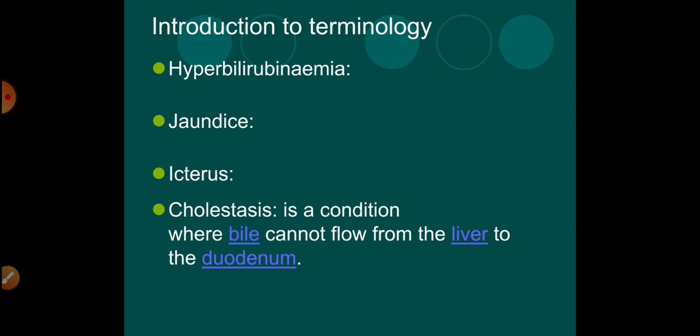Cholestasis. Cholestasis is a condition where bile cannot flow from the liver to the duodenum. Thereby, the bile is retained in the hepatocytes and later regurgitates into the blood. So in cholestasis, there will be regurgitation of bile into the blood, thereby increasing the concentration of serum bilirubin, serum bile salts, and also cholesterol in the blood.